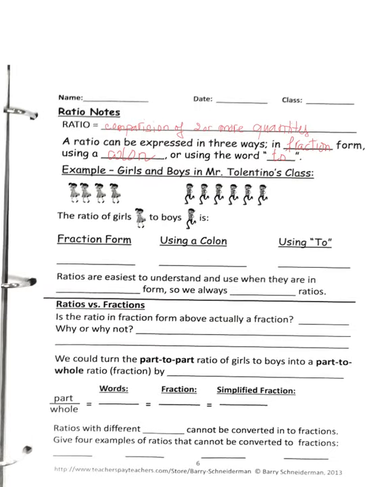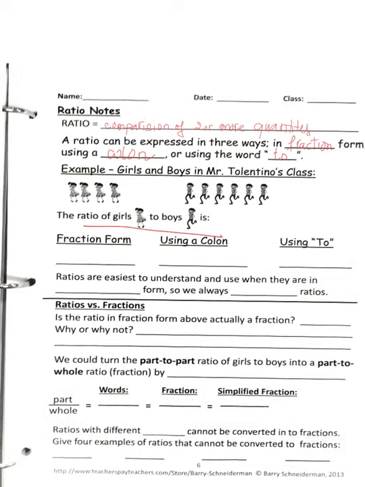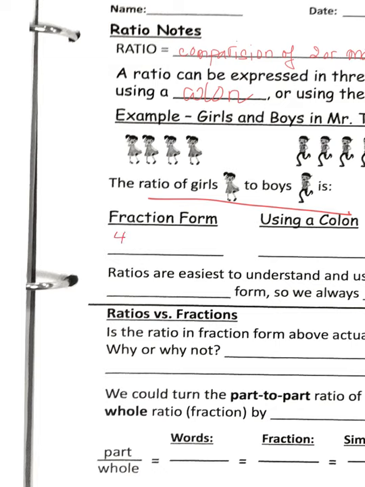So for the example of girls and boys, just like the one we did earlier today, the fraction form of the ratio girls to boys will be 4/6 or 2/3.